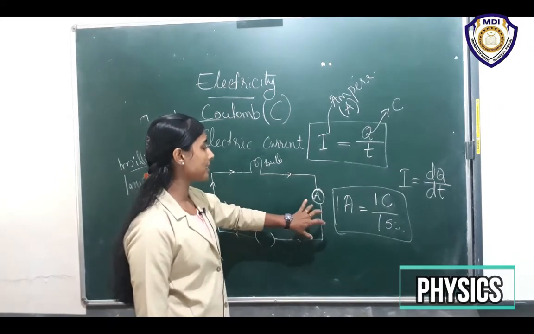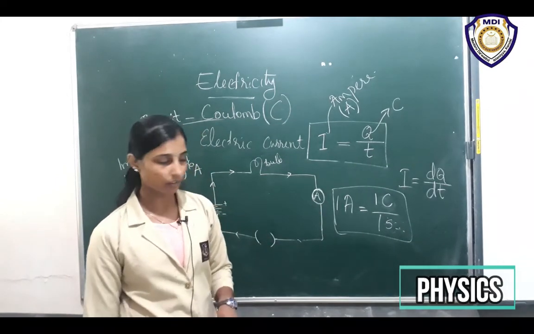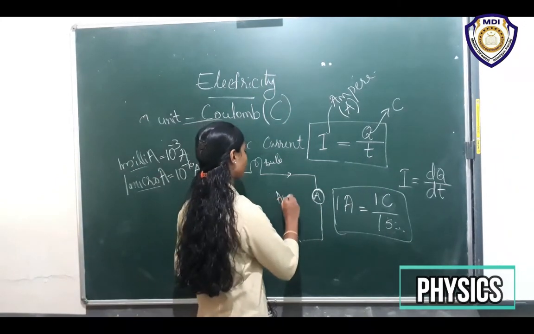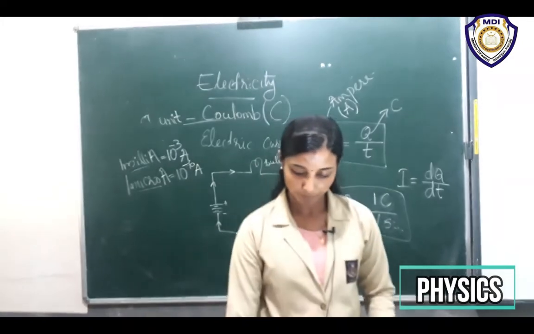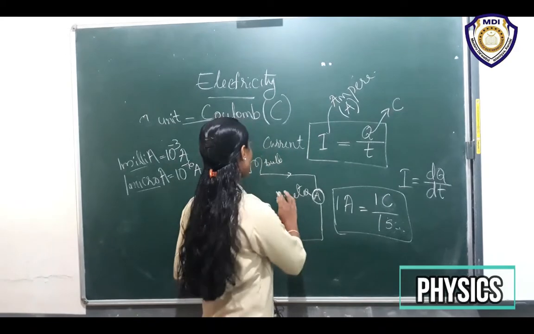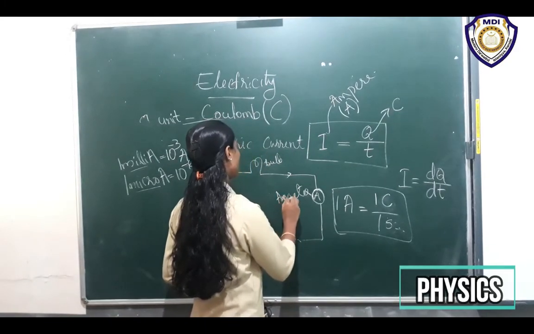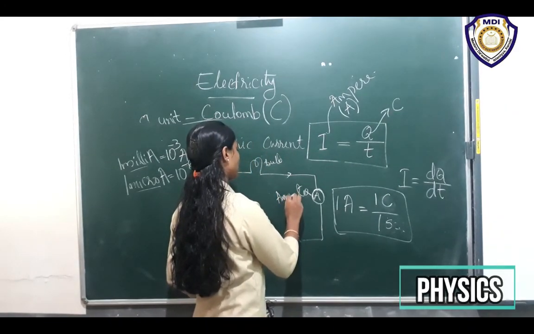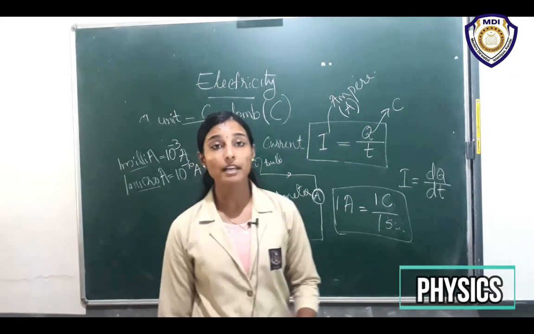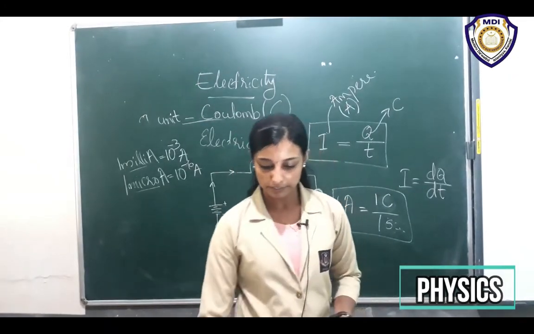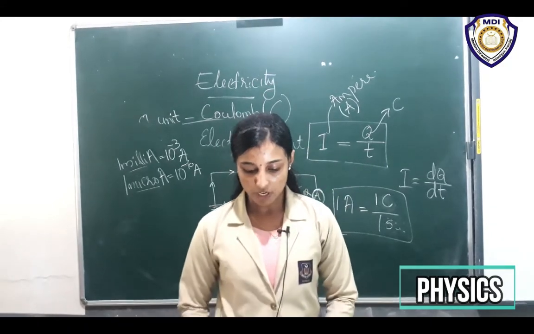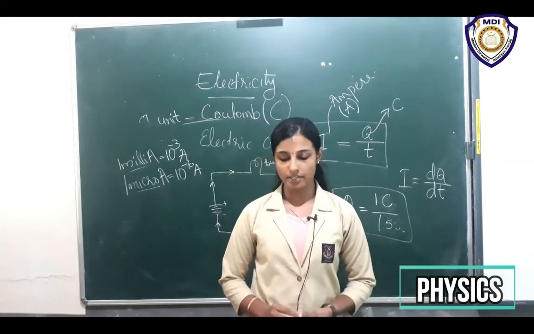That reading is given by this ammeter. Ammeter is spelled with a double M. What is ammeter? It is an instrument that measures electric current in a circuit.